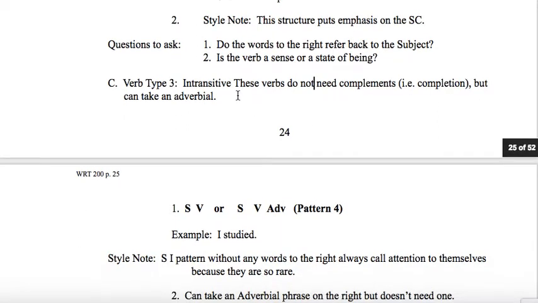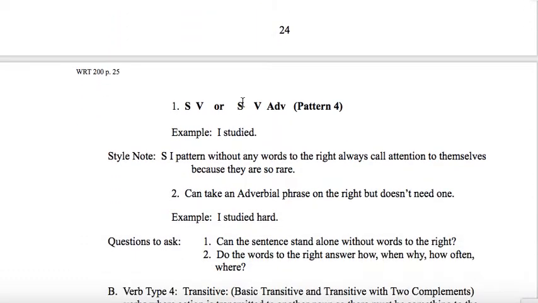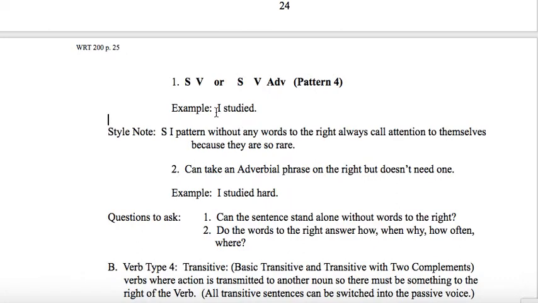Now the third type of verb is the intransitive verb, which doesn't need to take anything to the right of it, although it can sometimes take an adverb. So let's look at those. These are our most simple sentences, where it's literally just a subject and a verb. I studied. You don't need any information after studied to understand this sentence and to make it sound complete.